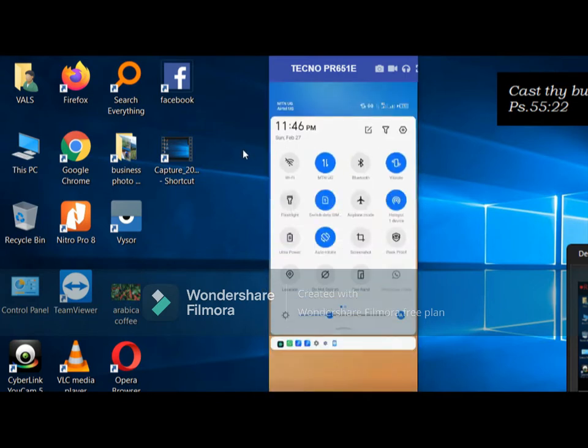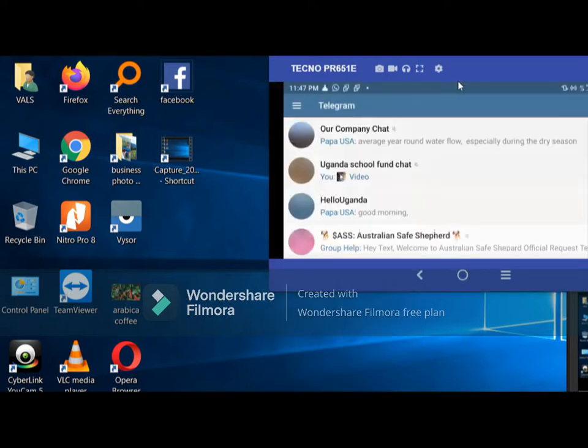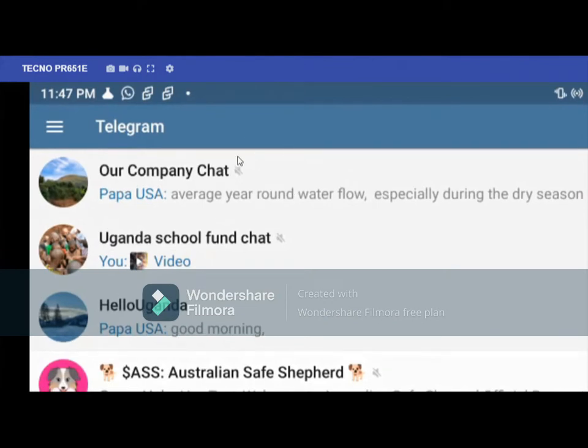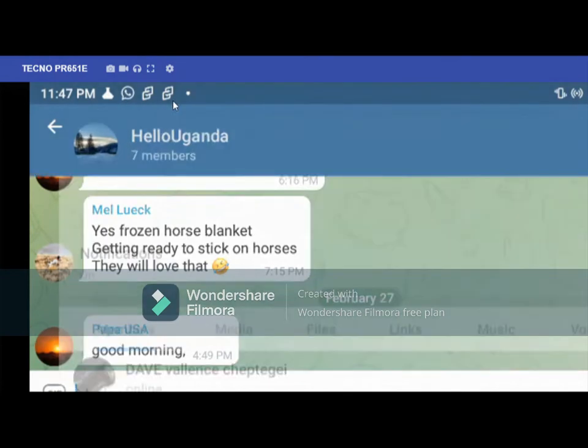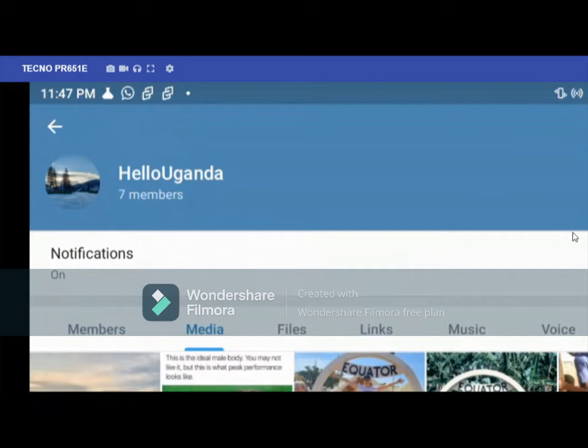Let me use this mode so you can see it better. A moment, I'm putting in a password. Good. Let's go medium.